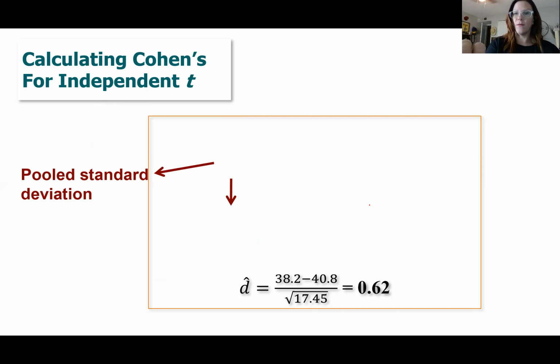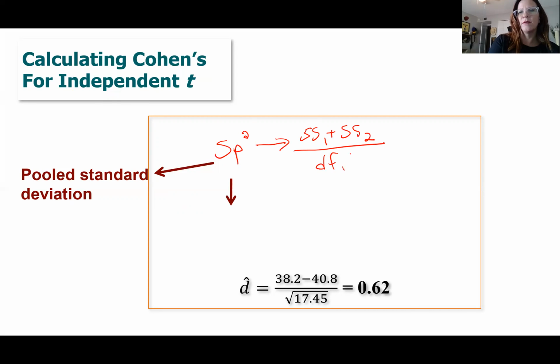If you recall, our pooled variance is SP squared, right? Is that notation, right? And the equation is SS1 plus SS2 over degrees of freedom 1 plus degrees of freedom 2.